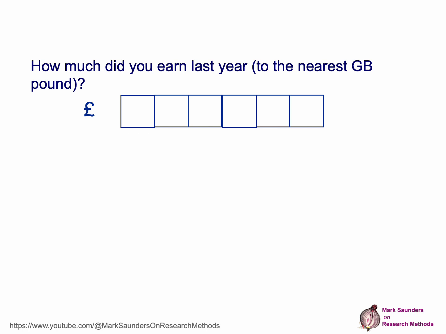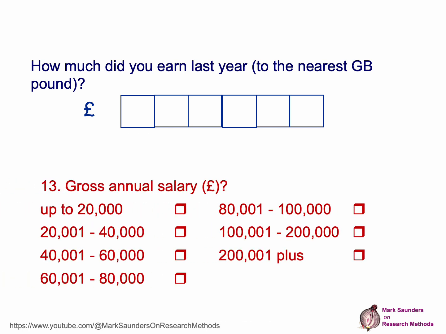This question asks, how much did you earn last year to the nearest pound? And you've got 6 boxes, so you could earn up to £999,999. But this is not a particularly easy question to answer, so let's look at an alternative this time.